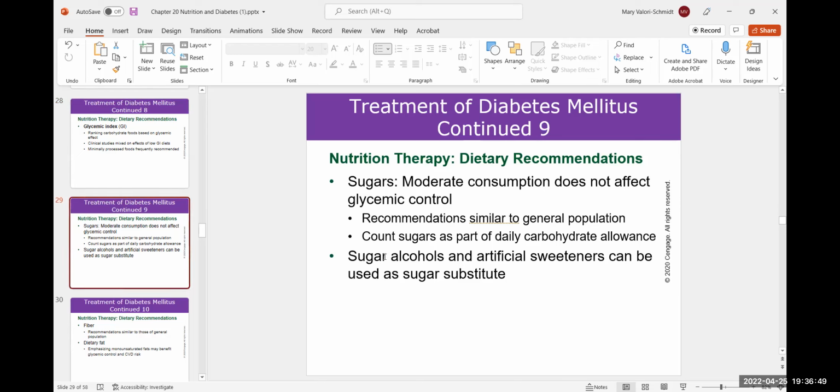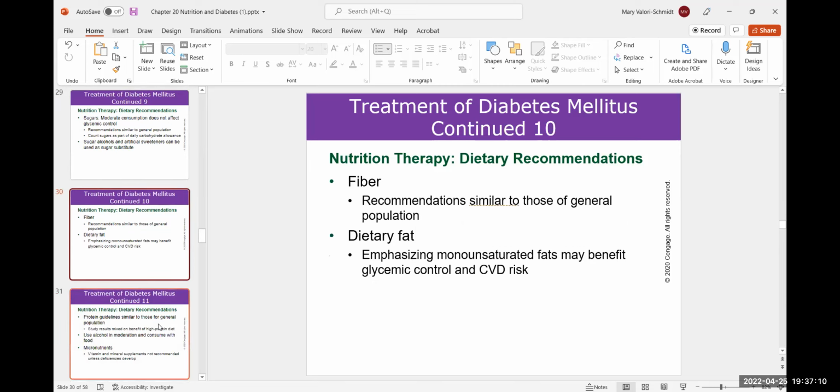Sometimes there are hidden sugars in things like sugar alcohols, which are not good. Artificial sweeteners are okay for diabetics, things like Equal or Splenda. But sugar alcohols, sometimes people don't realize that your body will break them down as a simple sugar as well. So you've got to really, really, really learn to read labels.